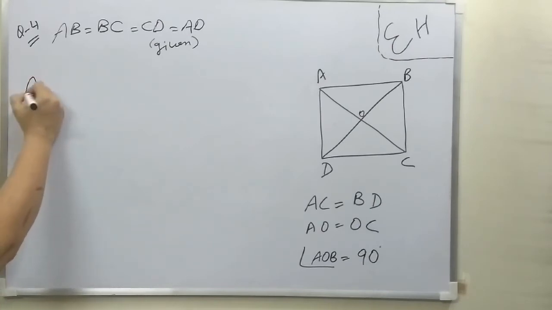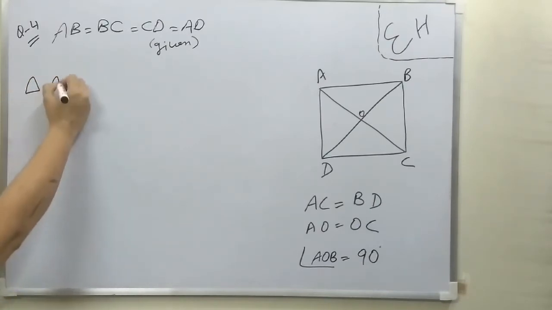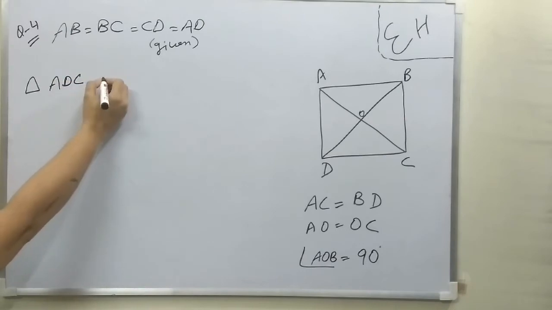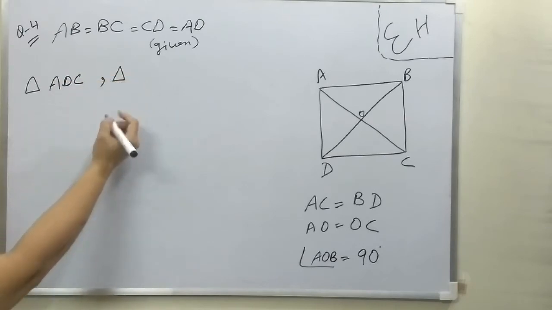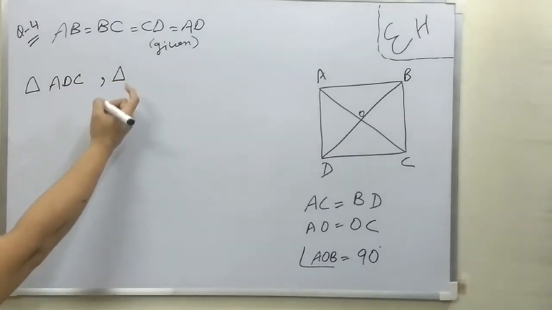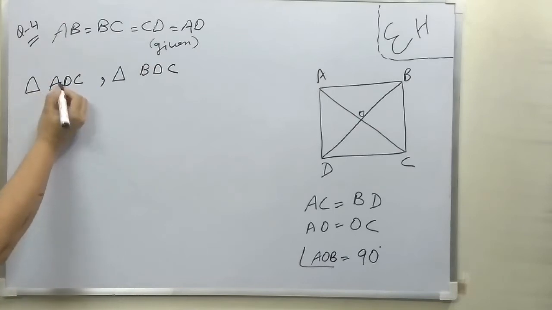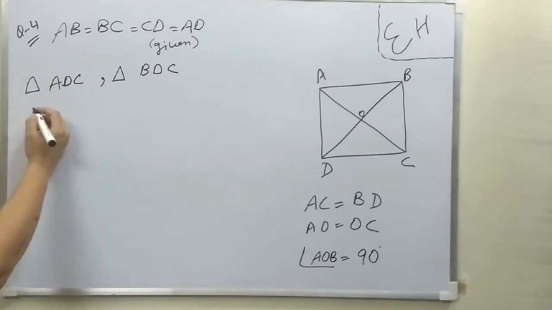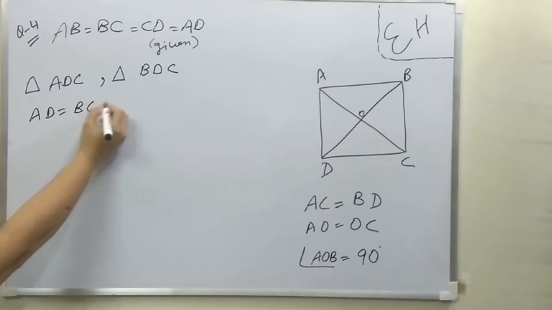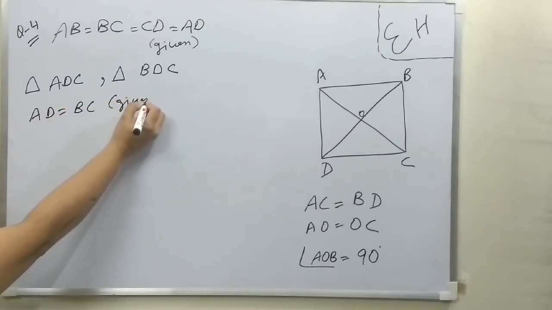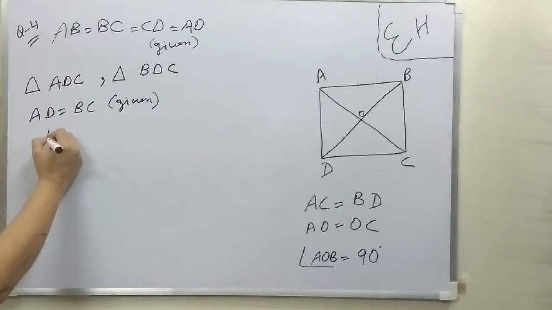First you take two triangles, triangle ADC and triangle BDC. In triangle ADC, AD is equal to BC, given.